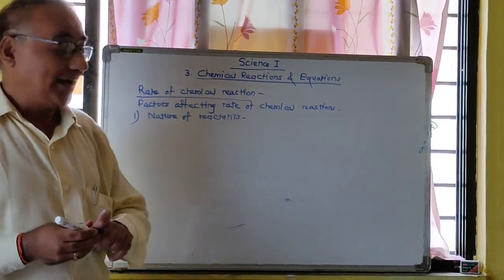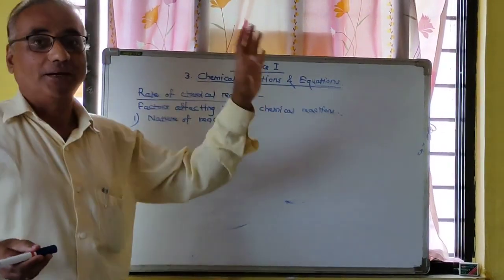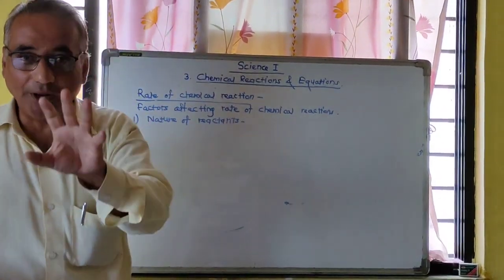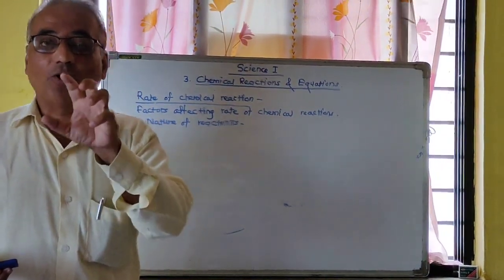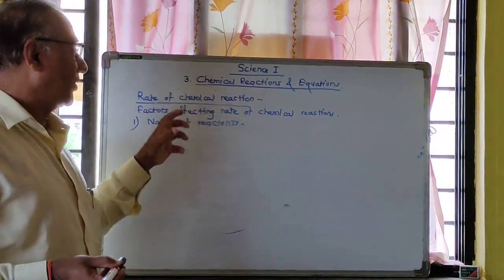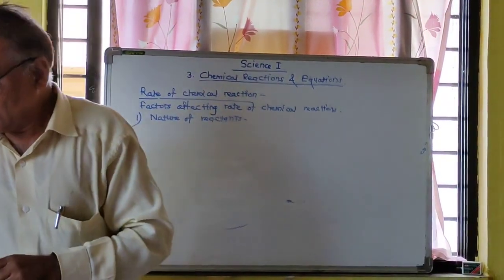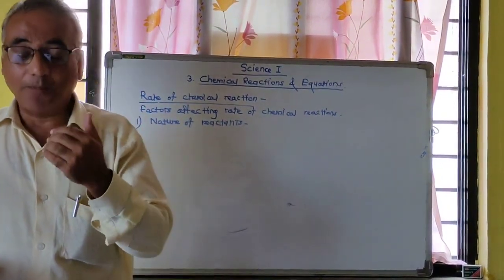Right? It means that here the nature of reactant decides the rate of chemical reaction. When there is a powder form, at that time the rate of reaction is fast. When there is crystalline form, the rate of reaction is slow. Right? This is your daily routine life example.